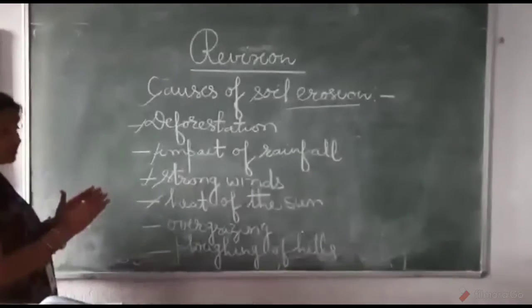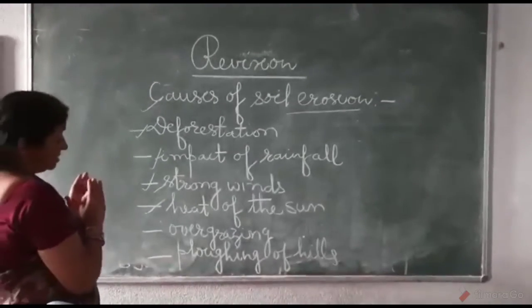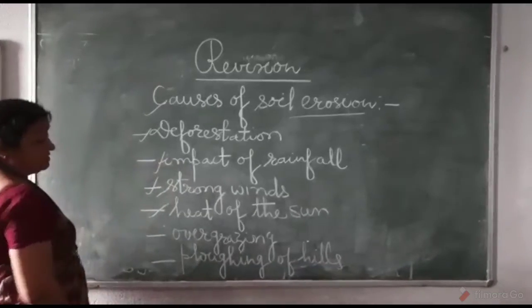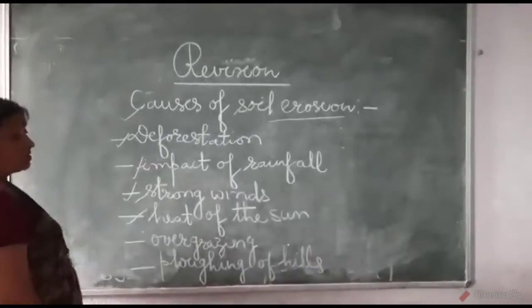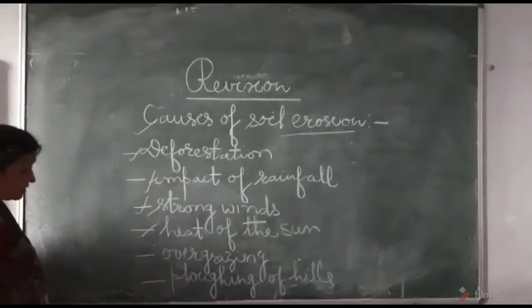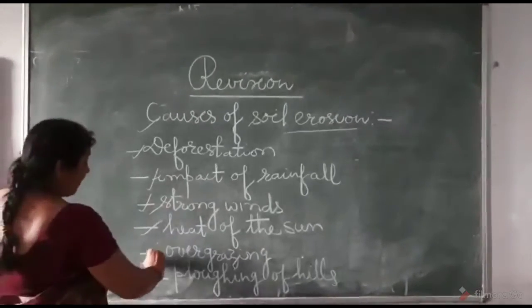It becomes brittle, and the removal of the topsoil is also possible in that case. So when the moisture is evaporated by the sun, the topsoil can be eroded by wind and rain.